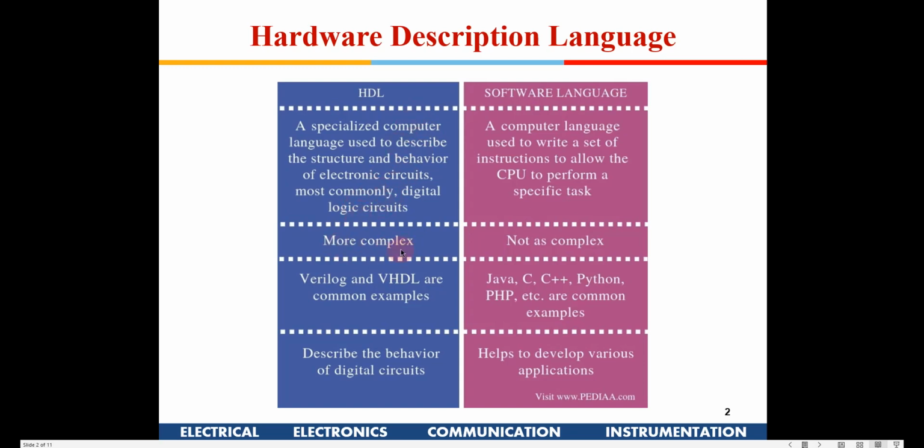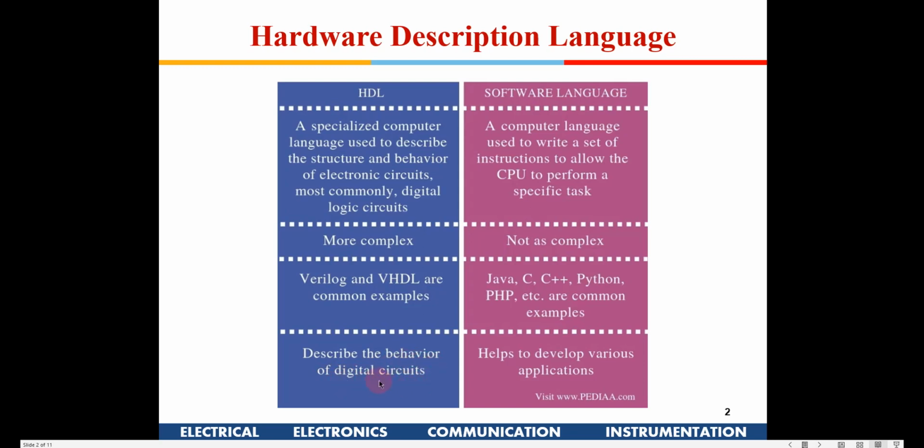Okay, so it is more complex in nature. There are basically two very widely used hardware description languages. One is known as Verilog, the other is known as VHDL, right? Once we see one example, it will be very clear. This language we use to clearly define digital circuits.